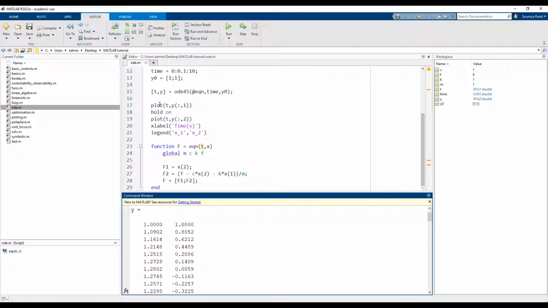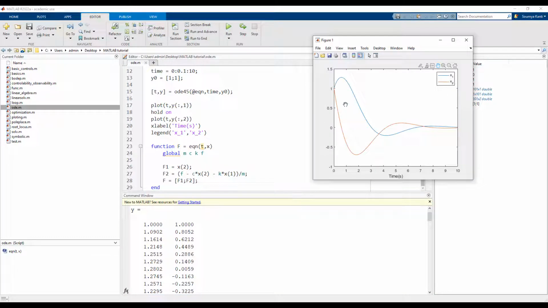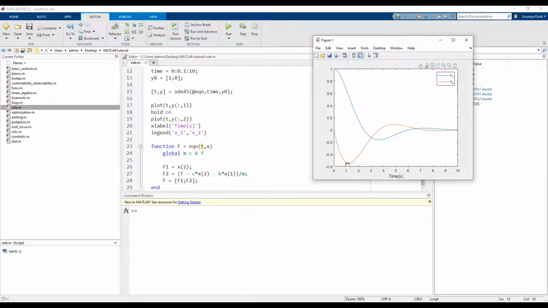If I plot t comma y, this is the plot you can see. This is how it behaves. This is x1 and the red one is x2. If I change the initial condition and run it again, you can see that the dynamics of the system has changed. So this is how you solve the differential equation.